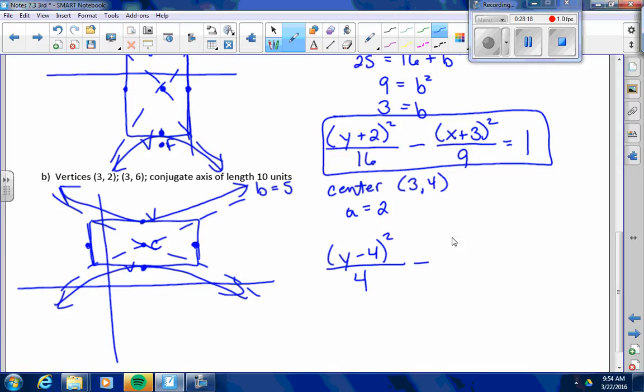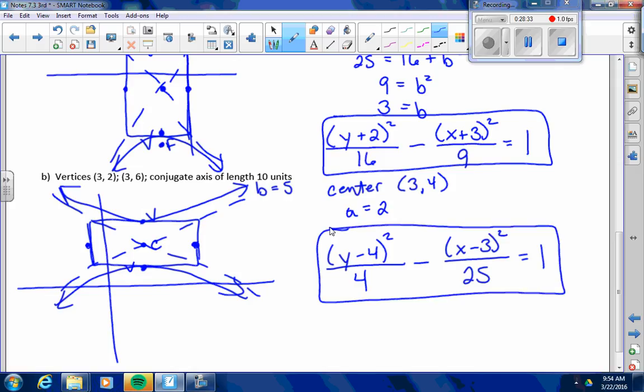Minus what? (x minus 3) squared divided by what? And how'd you get 25? B squared, B is 5. 5 squared is 25, and that equals 1. That is the equation of our hyperbola. Any questions? All right. That's it for our notes.